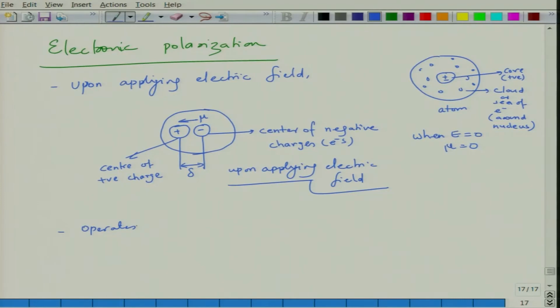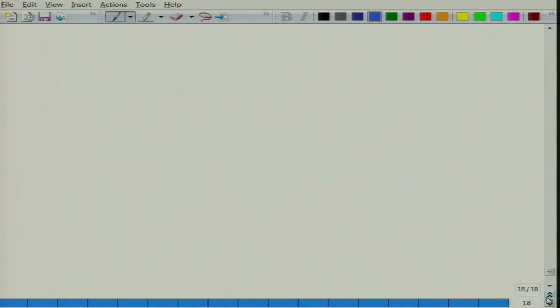As a result, this mechanism operates at very, very high frequencies, typically of the order of 10 to the power 15 hertz, so roughly 10 to the power 14, 10 to the power 15 hertz. This is present in all the materials, because every material has atoms. The second mechanism is called ionic polarization.